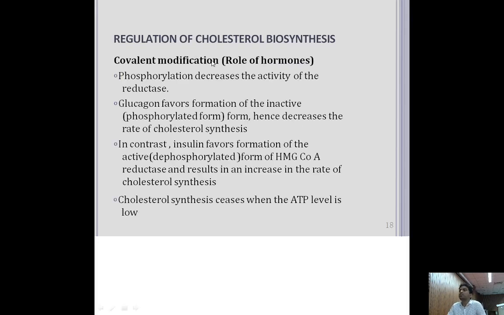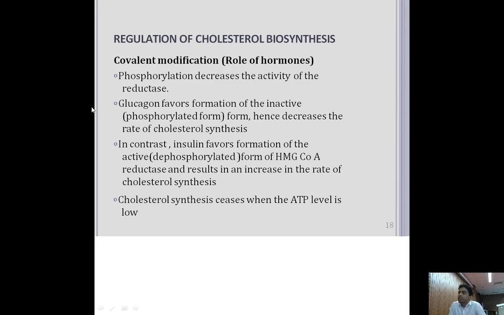Now covalent modification. So the phosphorylation of HMG coenzyme A reductase decreases its activity. Now glucagon favors phosphorylation. By now you must be knowing that I have discussed many times that insulin is an anabolic hormone. Anabolic means what? It forms bigger molecules.